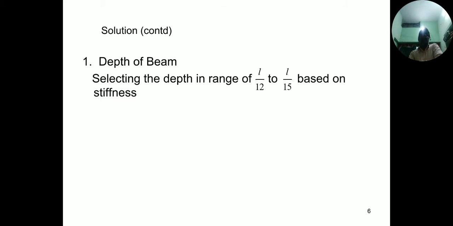L is equal to 6000. L by 15 will be taken. D is equal to L by 15, that is 6 meters by 15, which is 400 mm. Depth of the T-beam 400 mm.